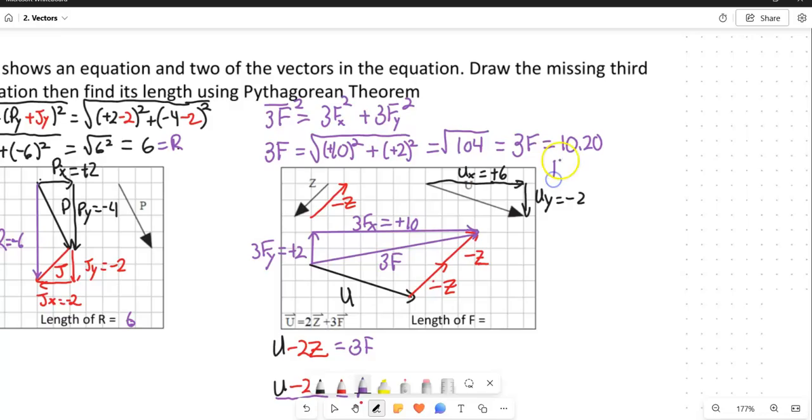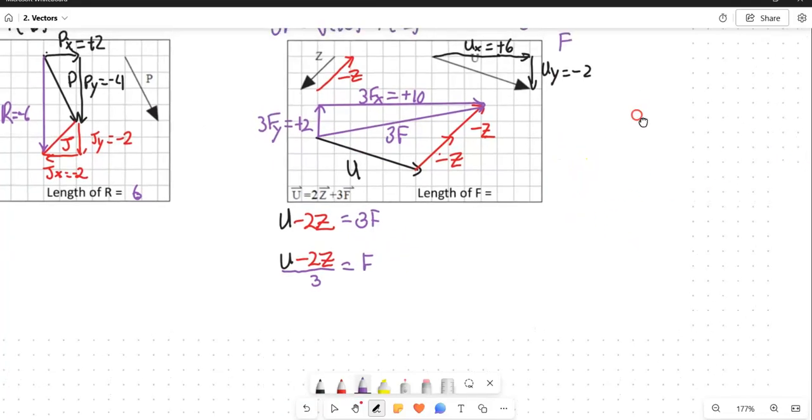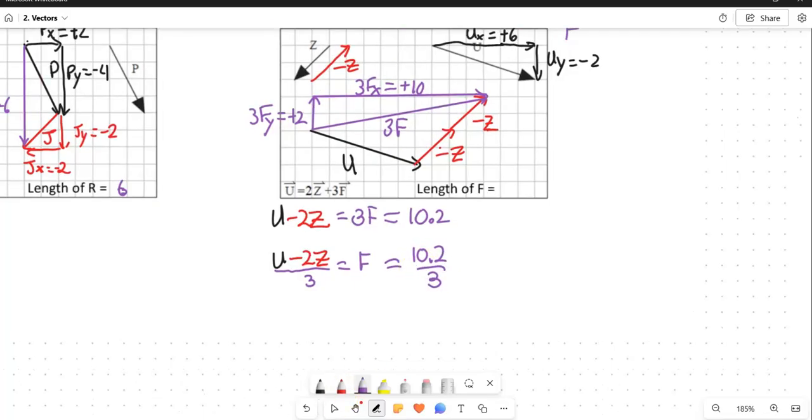Now to find out what the f vector is equal to, we know the 3f vector is equal to 10.2. Now to find out what f is, we're going to take 10.2 and divide it by 3.